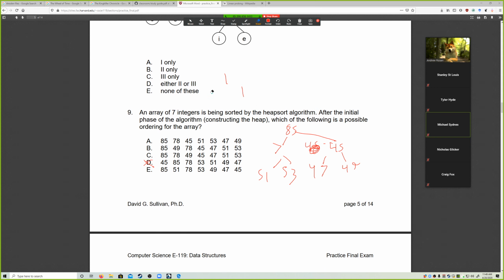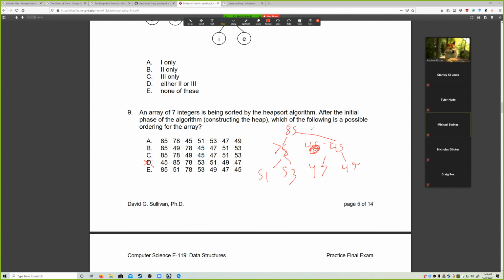So, erasers. And don't worry, the next 3 lectures are going to be all me doing this stuff. Reviews. Okay. So, we can see in this tree that the max heap property is violated here. 45 is less than 47 and 49.